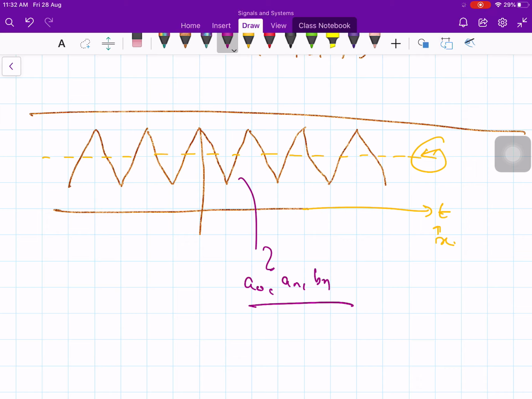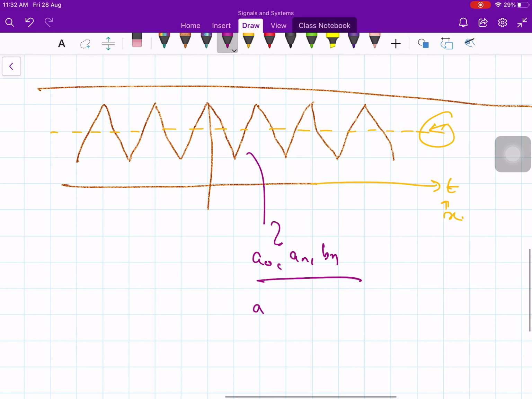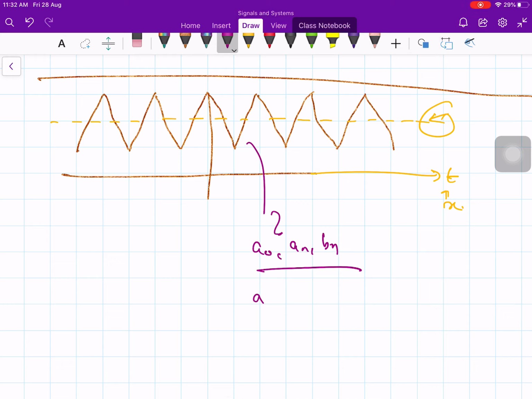It will have all the harmonics that you are having here plus a DC term. So we have DC term A naught plus, since it is an even function, you have cosine terms, and those cosine terms are odd ordered cosine terms.